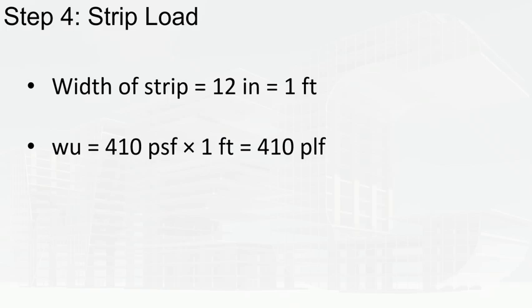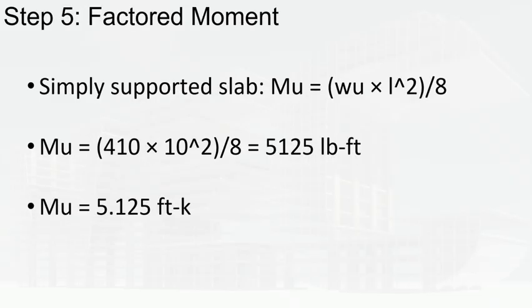So WU will be equal to 410 pounds per square foot multiplied by 1 foot, which gives you 410 pounds per foot. That's actually the load that is carried on your slab.